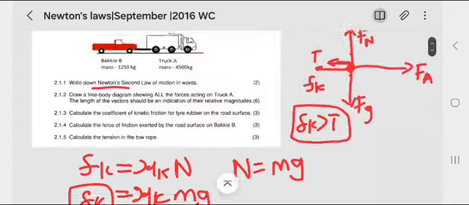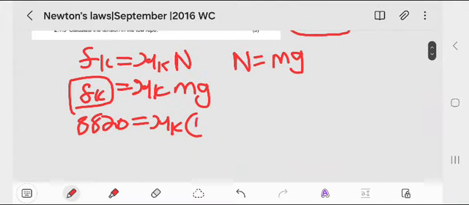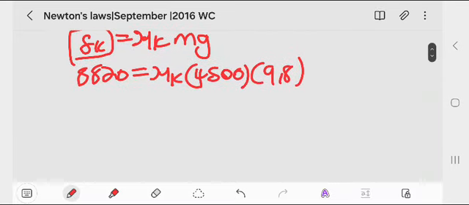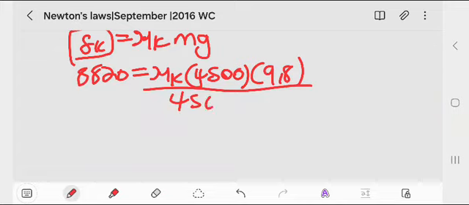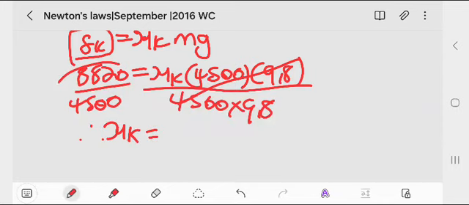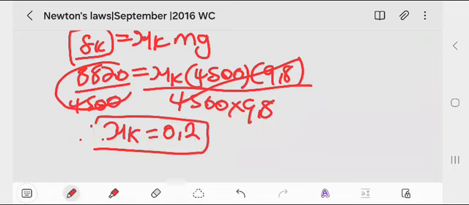The mass of truck A is 4,500 kg multiplied by gravity. Dividing both sides by 9.8, this and this will cancel, and we have 500. Then mu k, when you punch that in, is 0.2. There are no SI units.